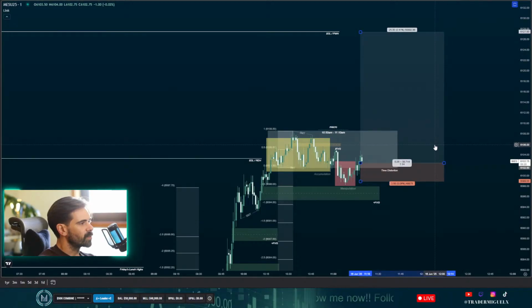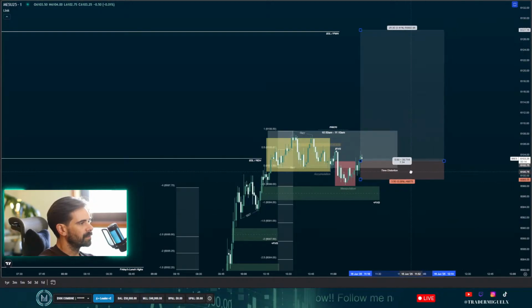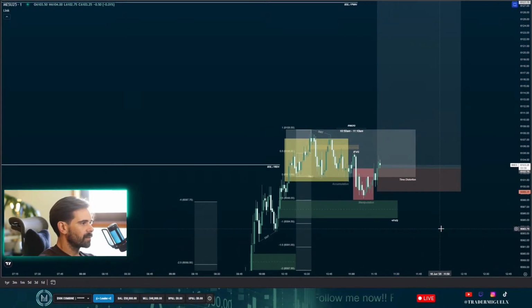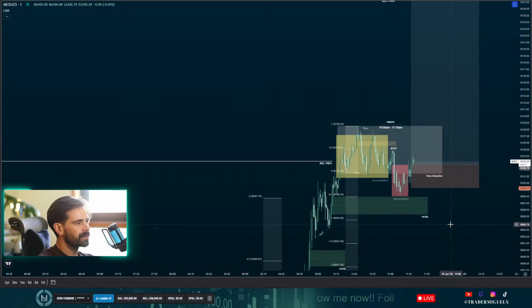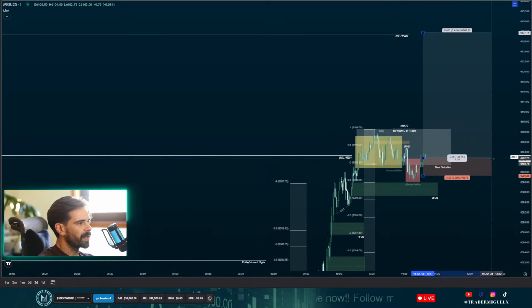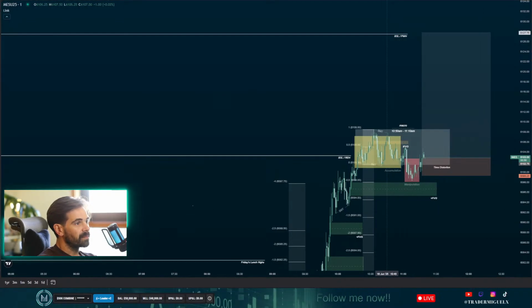So imagine that we would be tagged in here, okay? Here at the bottom. So imagine that we entered here, and now this should be a running trade. But in the meantime, NQ already took these highs. So this SMT is still there.